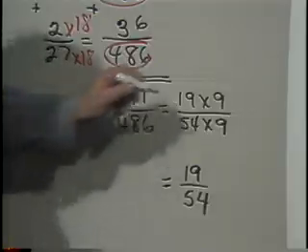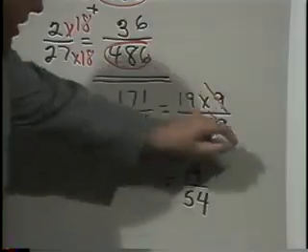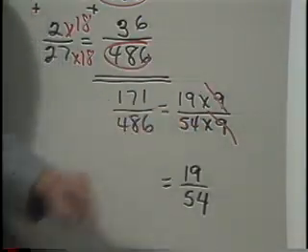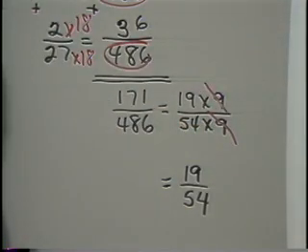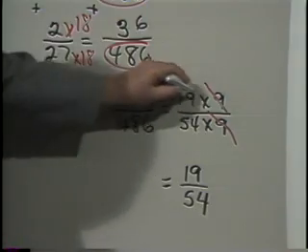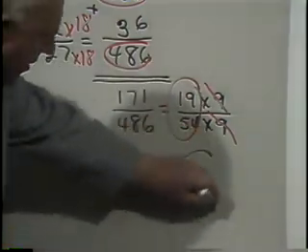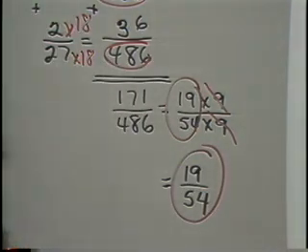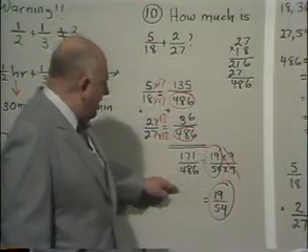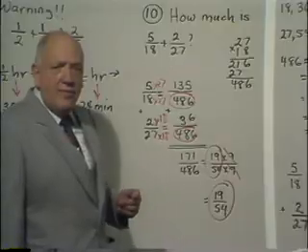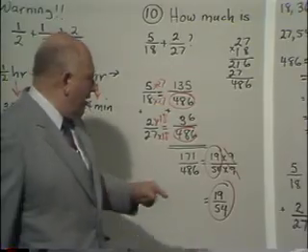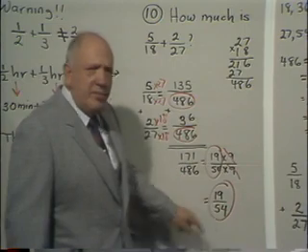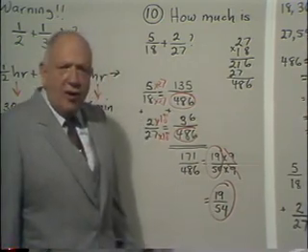And what that means is, since I've multiplied numerator and denominator by the same amount, I can divide numerator and denominator by the same amount, namely 9, and what I'm left with is what? 19/54. In other words, if one person gave me 5/18 of my expenses, another person gave me 2/27 of my expenses, between the both of them, they would be giving me 19 out of every $54 that I spent.